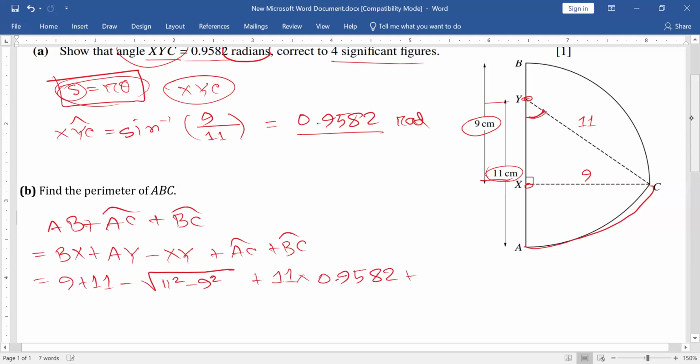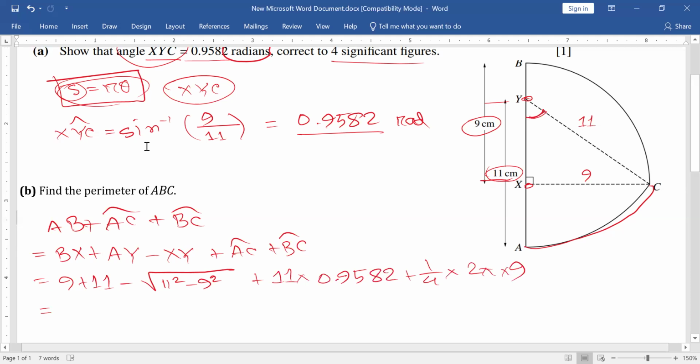Plus BC. It's clearly visible that BC is 1/4 of the circle. So we can write directly 1/4 of 2 pi r, 1/4 of the circumference of this circle, where 2 pi r is the circumference and the radius is 9 for arc BC.